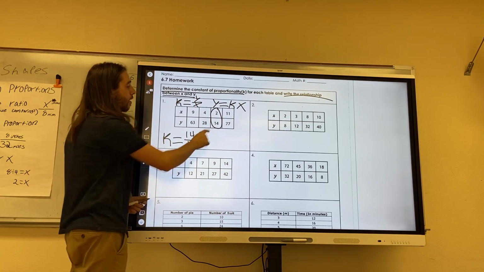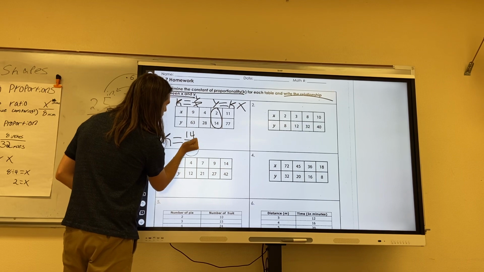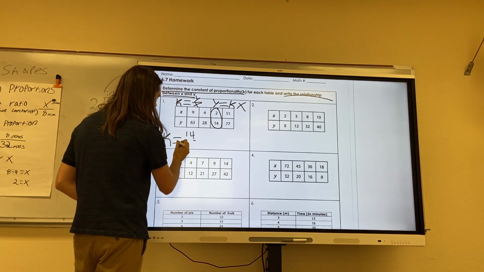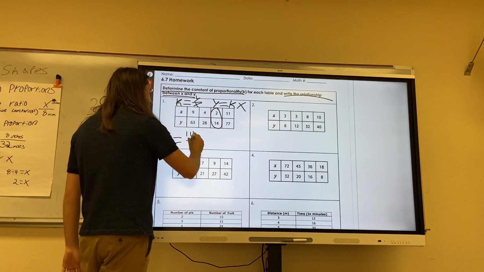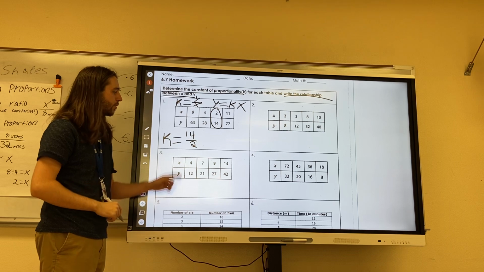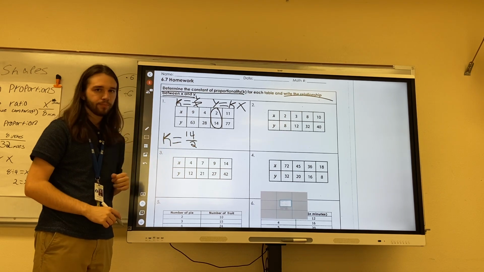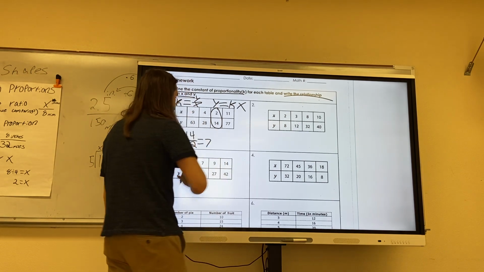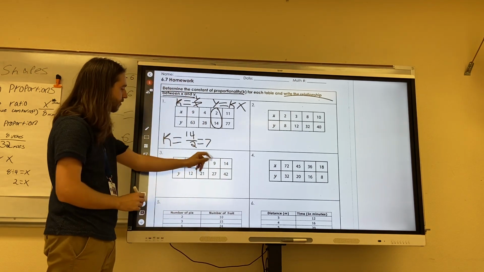And then we're gonna pick our x, which is on the bottom of our equation. K equals 14 over 2. Now the next step is you need to divide 14 by 2. If you do that right, it should give you 7. So our k equals 7.